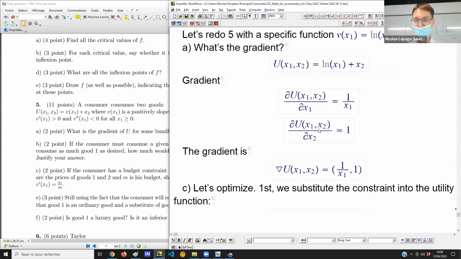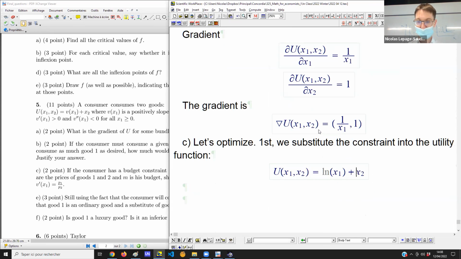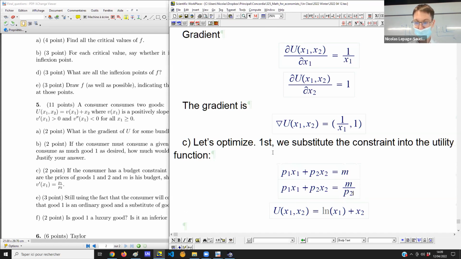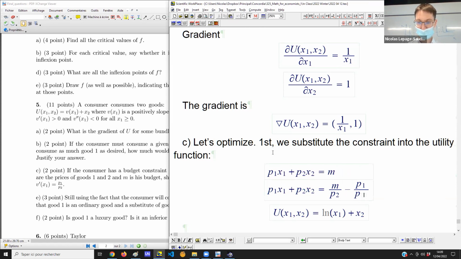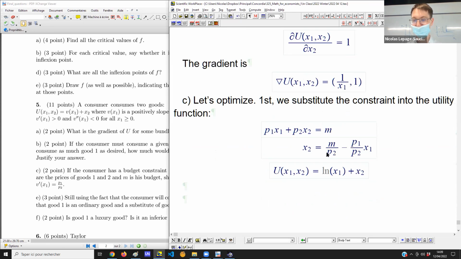So x2 is equal to that. I've done that so many times, but every time I have to make sure that I don't mess up.